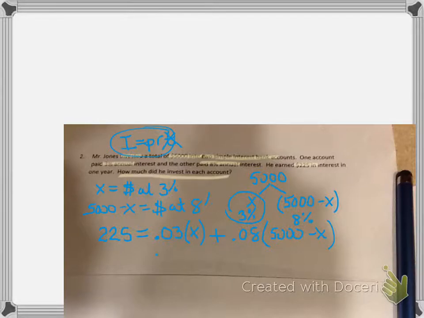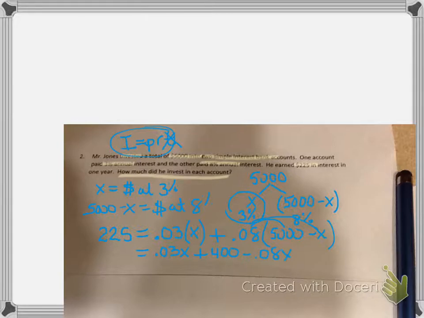So I have 0.03x plus, and I'm going to have to use distributive property. So 0.08 times 5,000 is 400. And 0.08 times x is going to give me minus 0.08x.